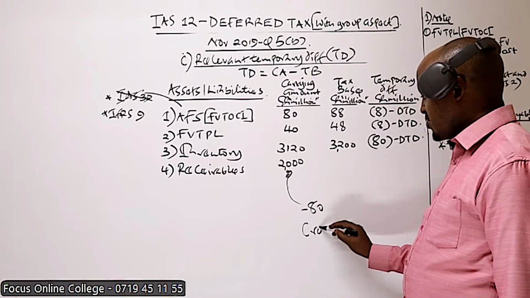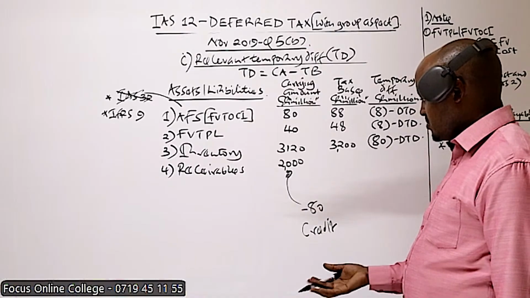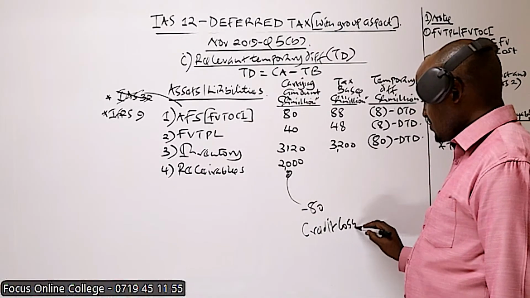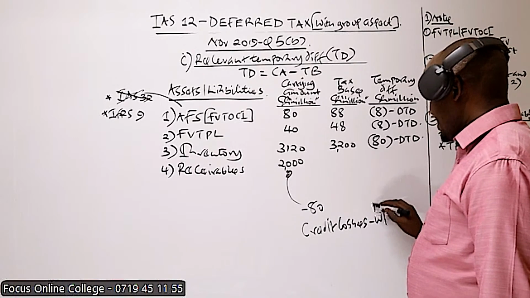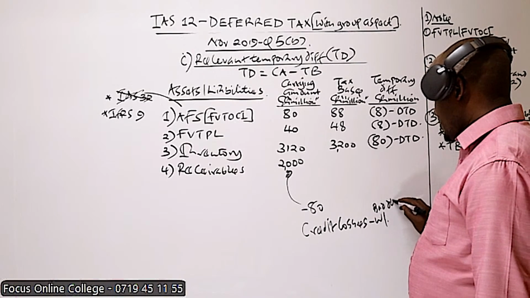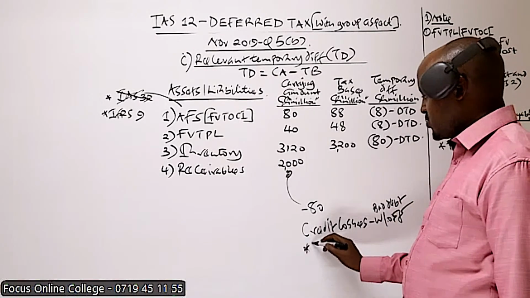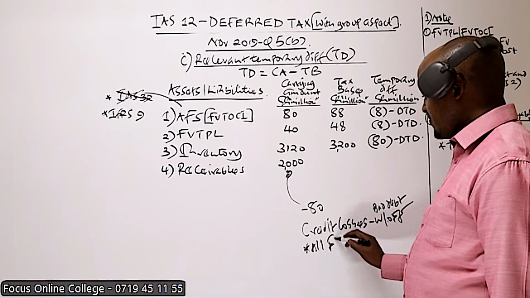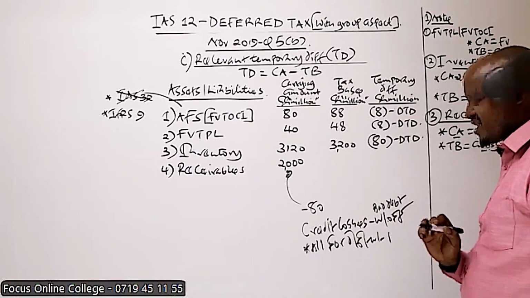You are likely to come across that in other subjects. For example, you'll do BDA after this, and you'll be coming across these terms, credit losses. Credit losses are what was previously known as bad debt written off. So nowadays, we don't talk of allowance for doubtful debts, we talk of expected credit losses.